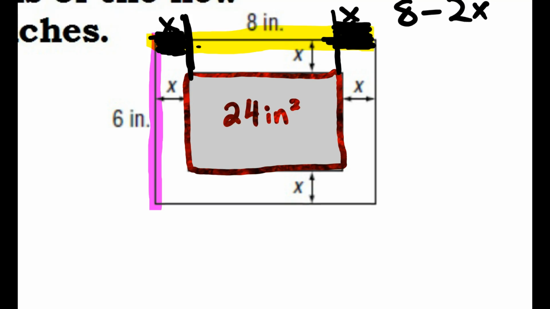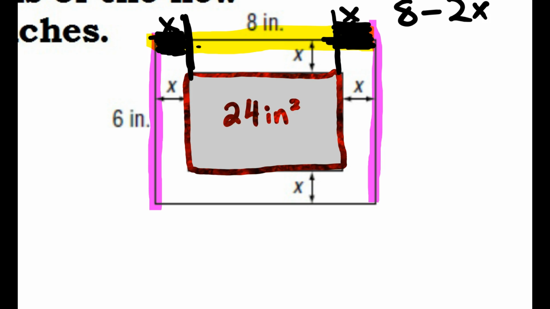All right, so this side right here is 6 inches. It's a rectangle, y'all. But what am I doing with the 6 inches? I am cutting off this section and this section of the 6 inches.